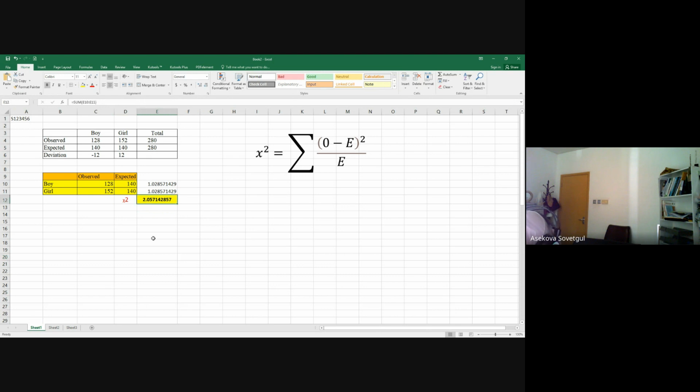So now we need to bring the chi-square critical value, if you remember. For that, we have to identify the degrees of freedom. So in this case, our degrees of freedom is, what was that?